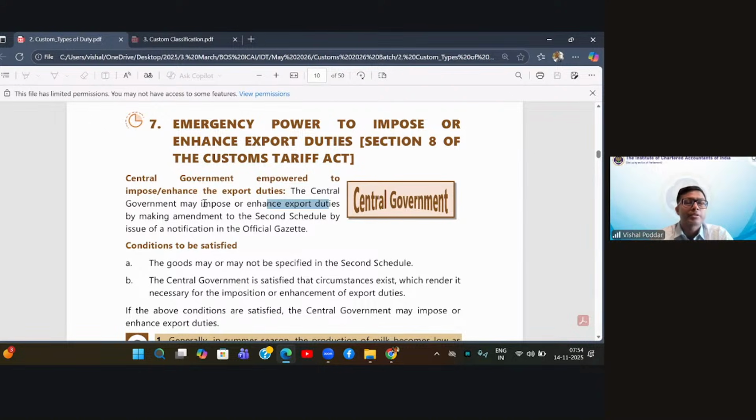The difference is, in case of GST law, we have delegated the power to levy, increase, decrease the rates to the government, because now in GST the rates are in the notification. Whereas under the earlier excise and the present customs, the rates are under a special act called the Tariff Act.